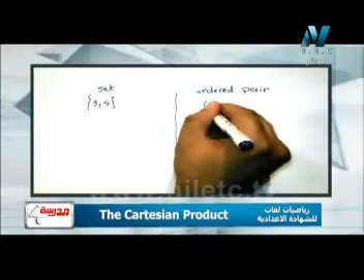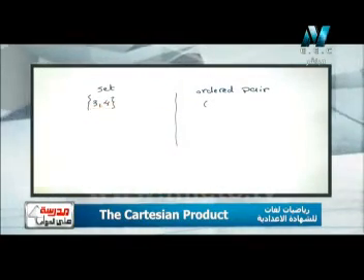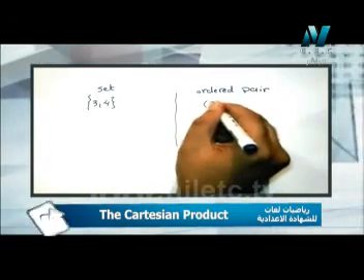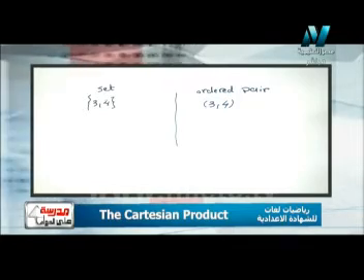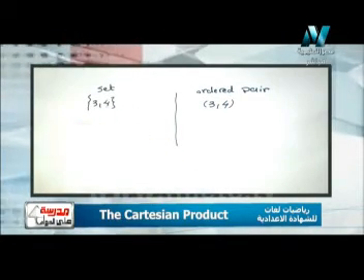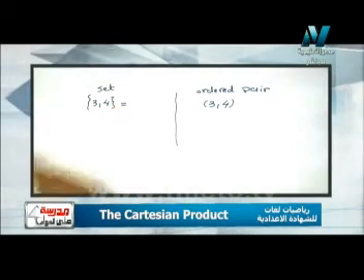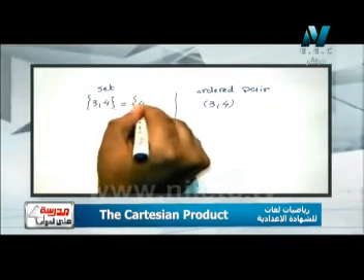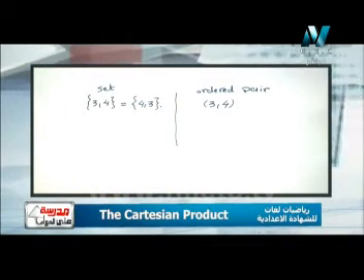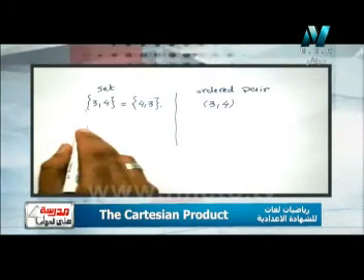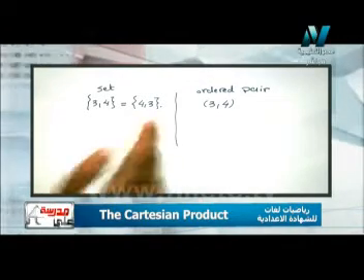Here we have the set, put two braces like that, put 3, 4. But the ordered pair equals like (3, 4). The order in a set is not important because we can say {3, 4} equals {4, 3}. It means the order in a set is not important, because the elements 3, 4 are the same as 4, 3.